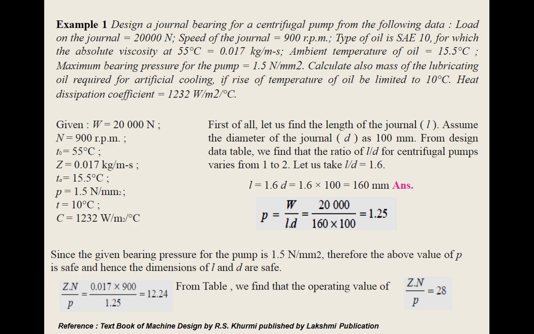The next step is to calculate the bearing characteristic number ZN by P. From the values given in the question, Z is 0.017, RPM is 900, and the pressure we just calculated is 1.25, so it is 12.25. Now we have to compare this ZN by P value with the value given in the design data book.